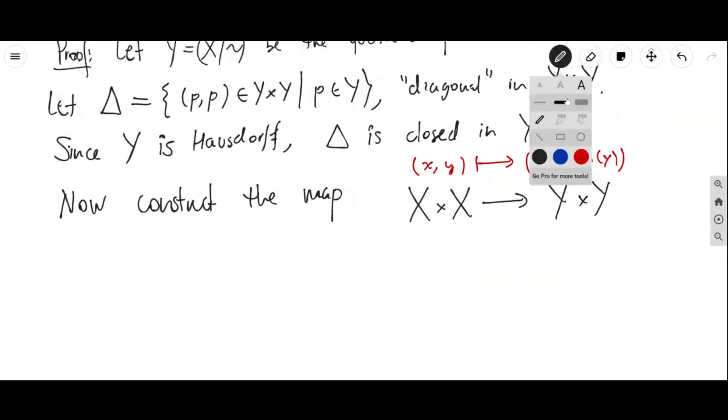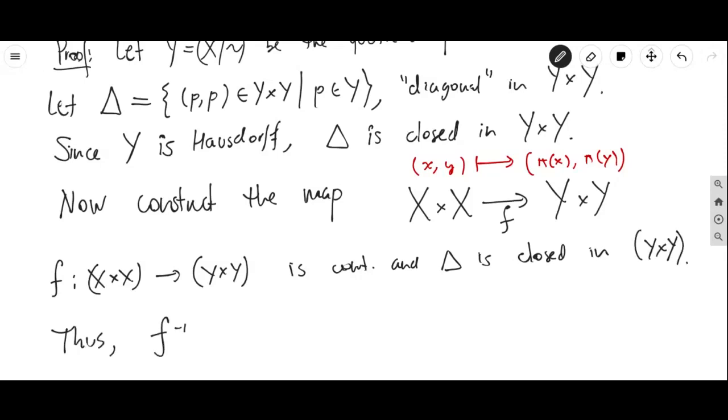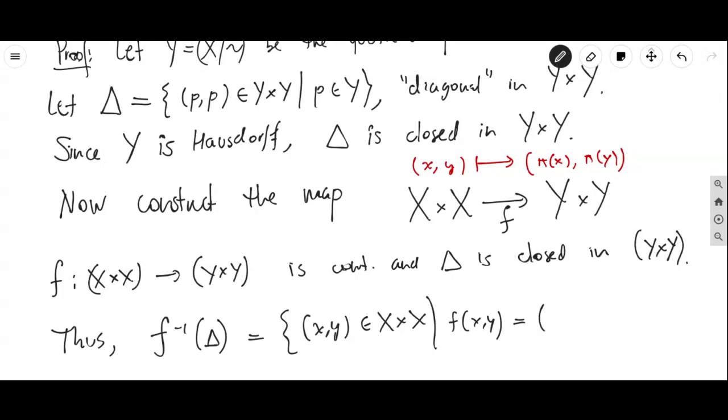If you're willing to accept that this is a continuous map, let's give it a name. Let's call it F. So F is continuous, and delta is closed in Y times Y. Thus the inverse image of delta, the pullback, is the set of points (x, y) in X times X with the property that F of (x, y) is equal to (pi of x, pi of y).